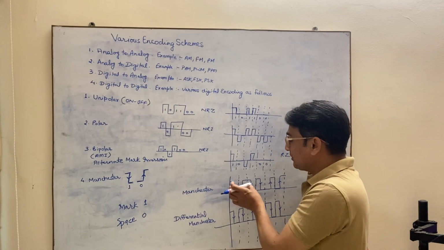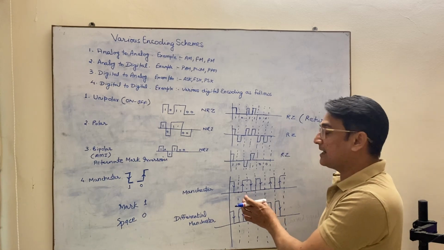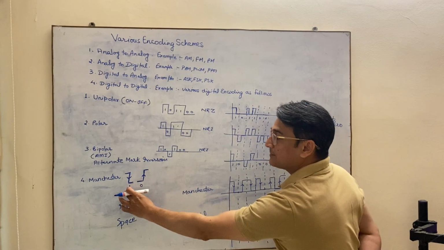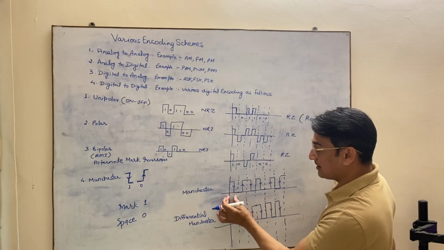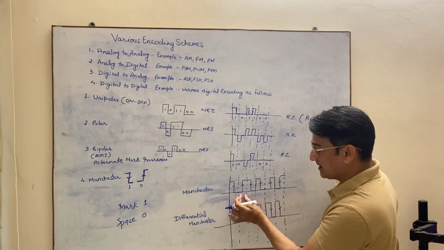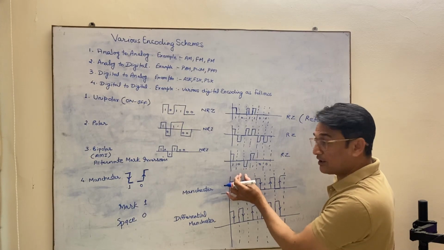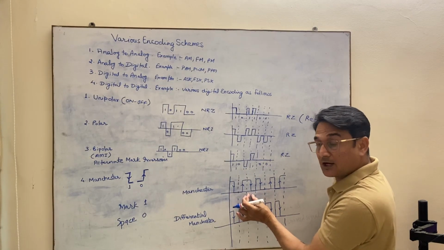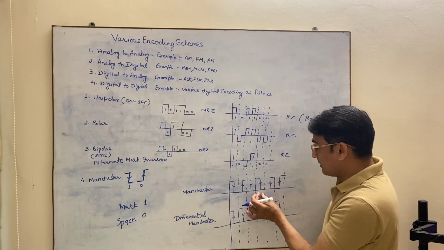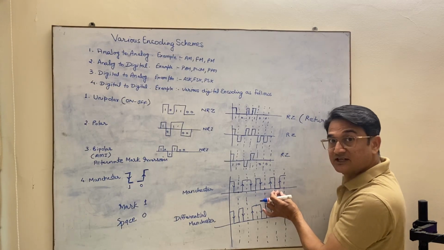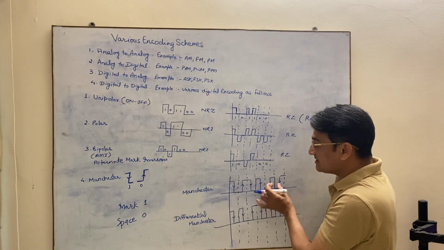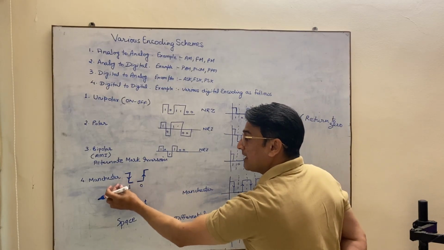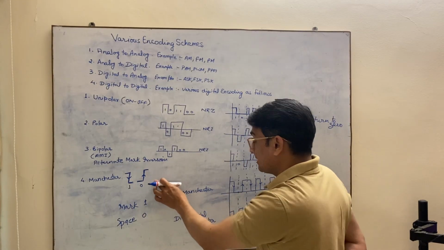How it differs, you can understand with the help of this diagram. So as 1 is represented by downward arrow, this is the downward arrow, bit 1, then this is bit 0, upward arrow, again bit 1, downward arrow, bit 1, downward arrow, bit 0, upward, bit 0, upward. So this way 1 and 0 we are representing by downward and upward arrows.